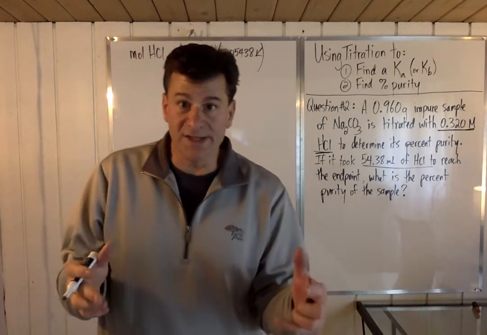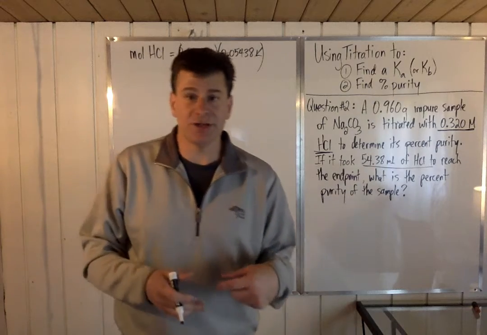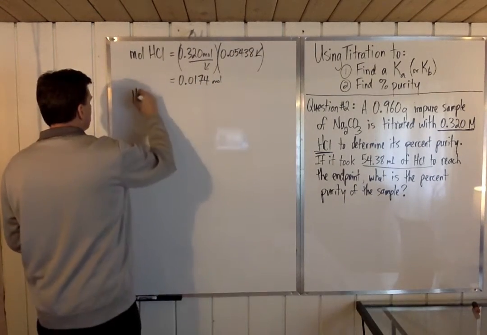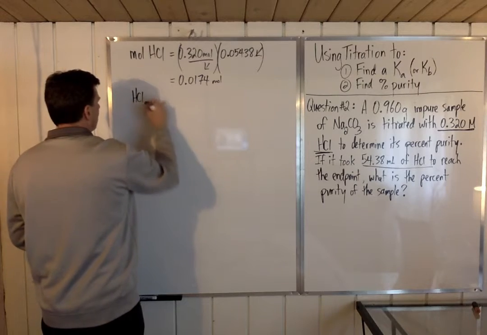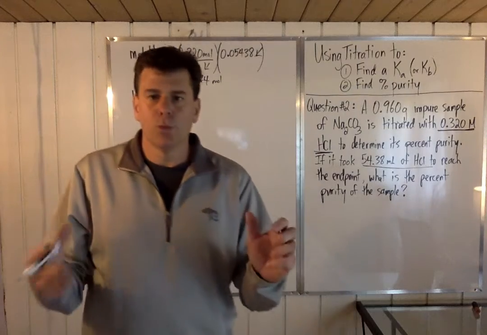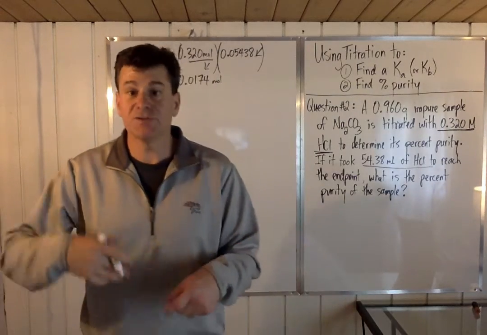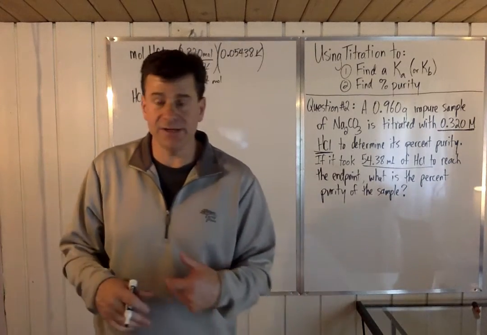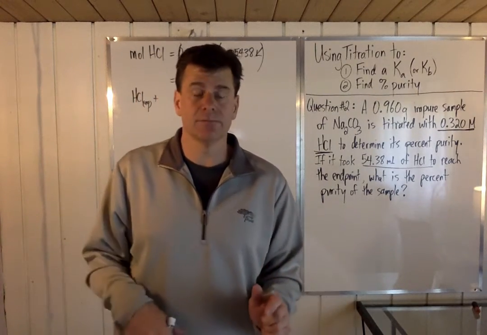So what was the neutralization equation here? So it was HCl plus, okay, now whatever one you choose, you can either choose CO3 negative 2, which is the actual base that is being titrated, and that's fine, you can do that.